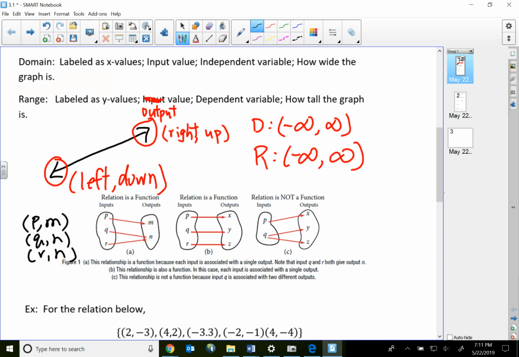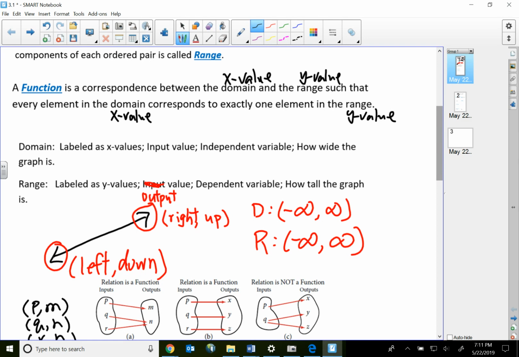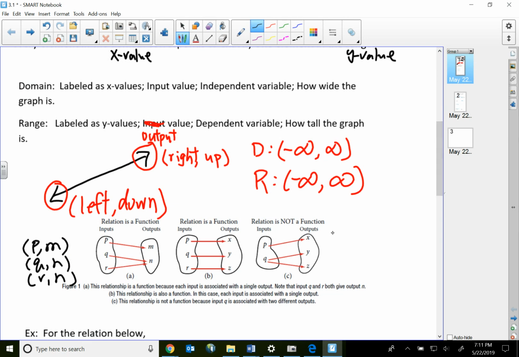So what is not a function? We have to think about this a little bit backwards. Every x value corresponds to exactly one y value. So we basically cannot have this. Let me write the relation here. P corresponds with X. Q is to Y. Q is to Z. So think about this: every x corresponds to exactly one y.